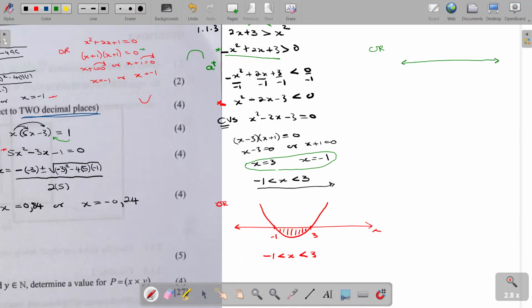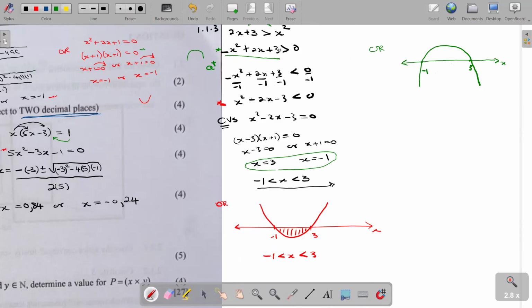This is our x, but because our A is negative, our graph was going to be like this. Then from there, here it's -1, and here it's +3. Then we go and check here from the standard form. It's saying this is greater than 0.